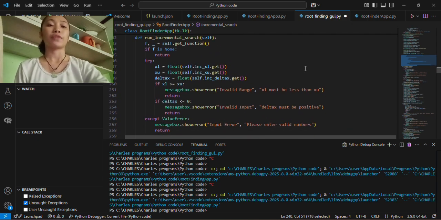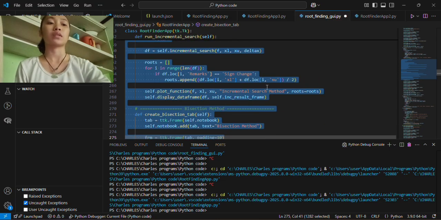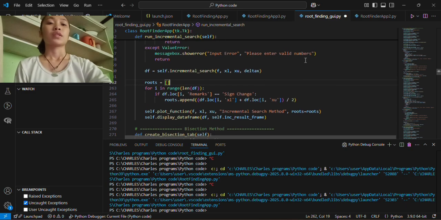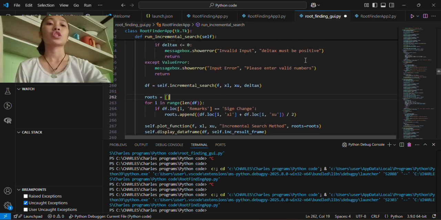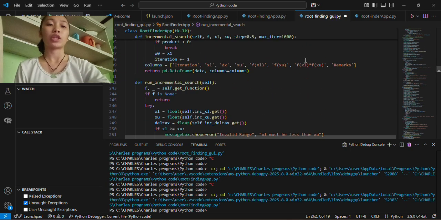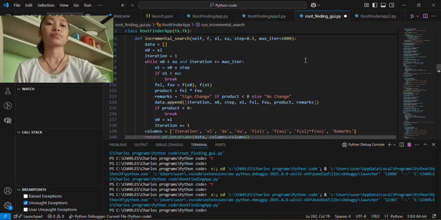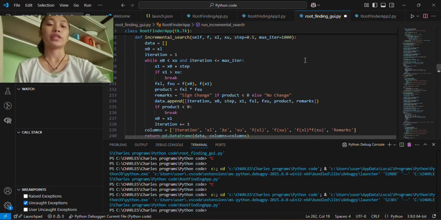This code, intervals, starts with an empty list to store intervals where roots are suspected. The x current is initialized as your walking point at the start of the interval. While x current is less than the upper bound, it loops until you reach the upper bound.